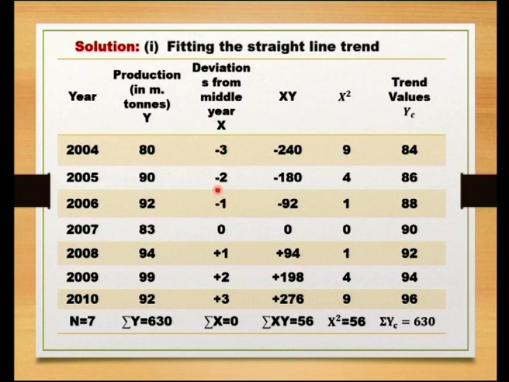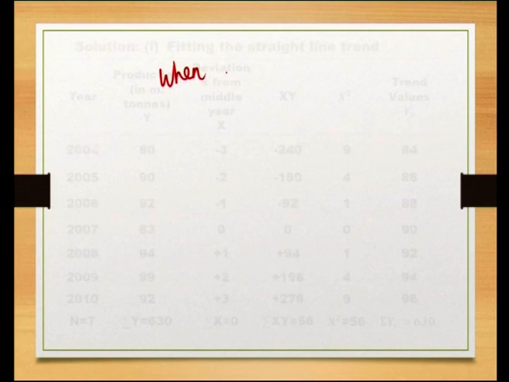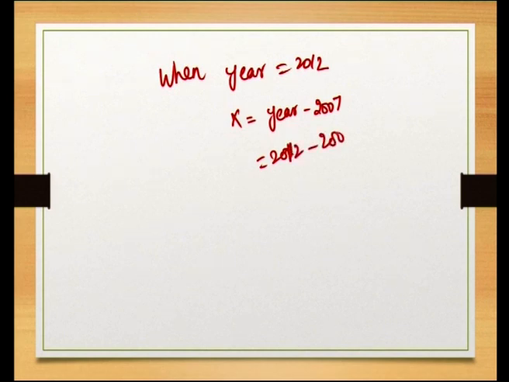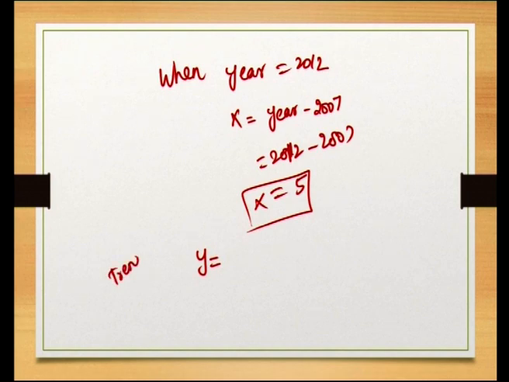The third question is, we have to calculate the likely sales during the academic year 2012. When the year is equal to 2012, then x is equal to the year minus 2007, isn't it? 2007 is the middle year. Therefore, the given year 2012 minus 2007 is 5, x is equal to 5. Substitute this in the trend line equation.